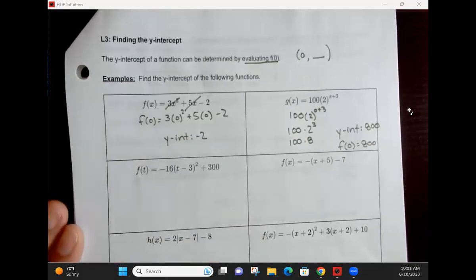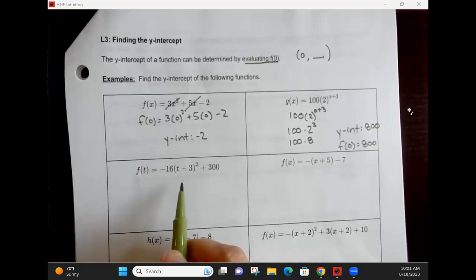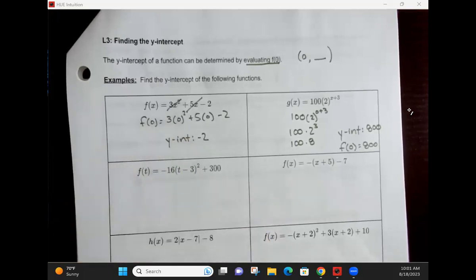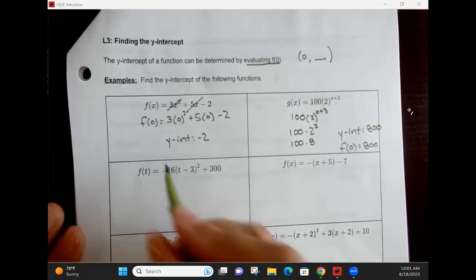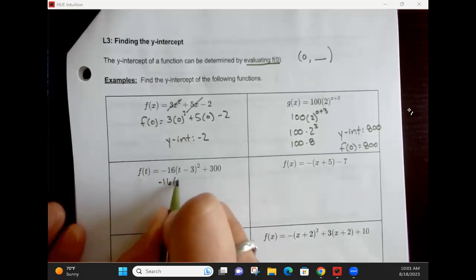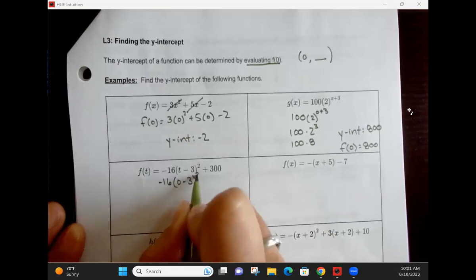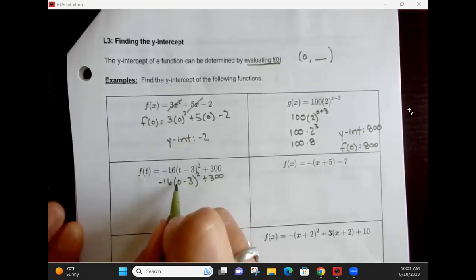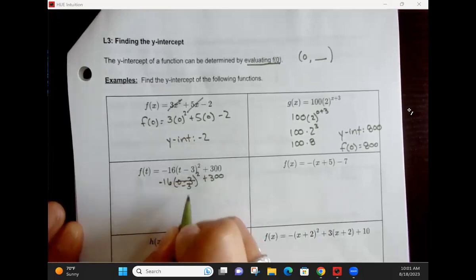Number 3, f of t, same idea, a little bit less nice. This is another polynomial here. When I've got them in standard form, it's really easy to find that y-intercept. But this would be a quadratic in vertex form, so I've got to do a little work on this one. Again, we're just plugging in 0 for x. So this would be -3.